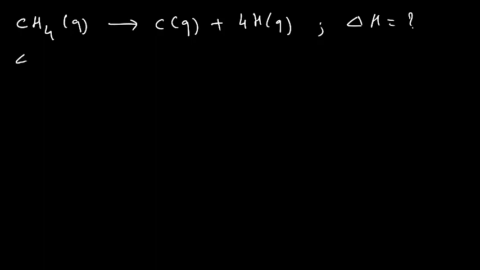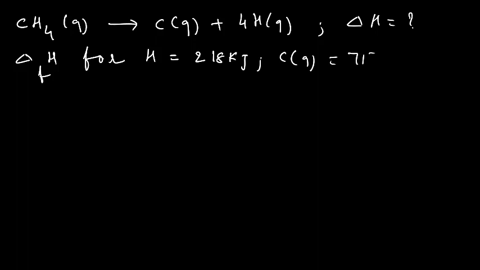Therefore, delta f H for hydrogen is equal to 218 kilojoule, carbon is equal to 717 kilojoule, and that of methane gas is equal to 75 kilojoule.